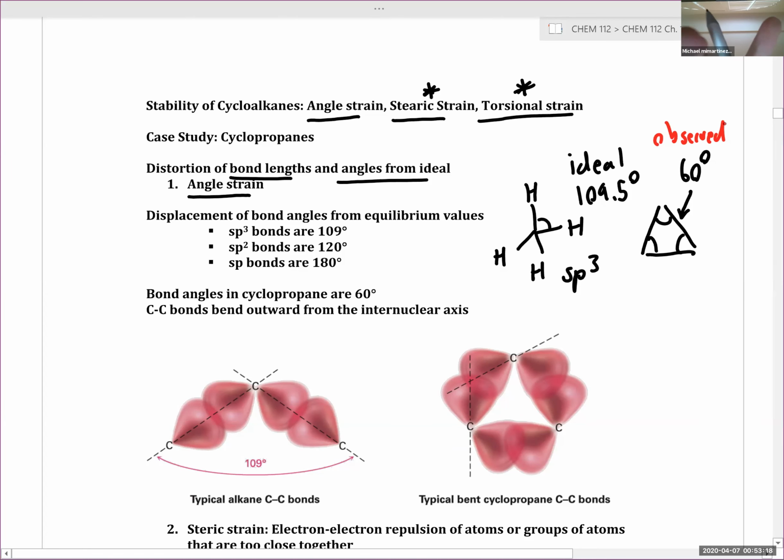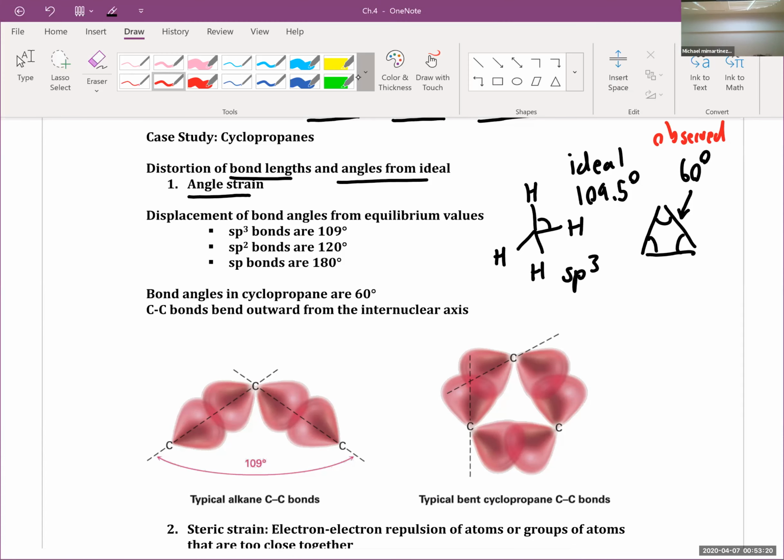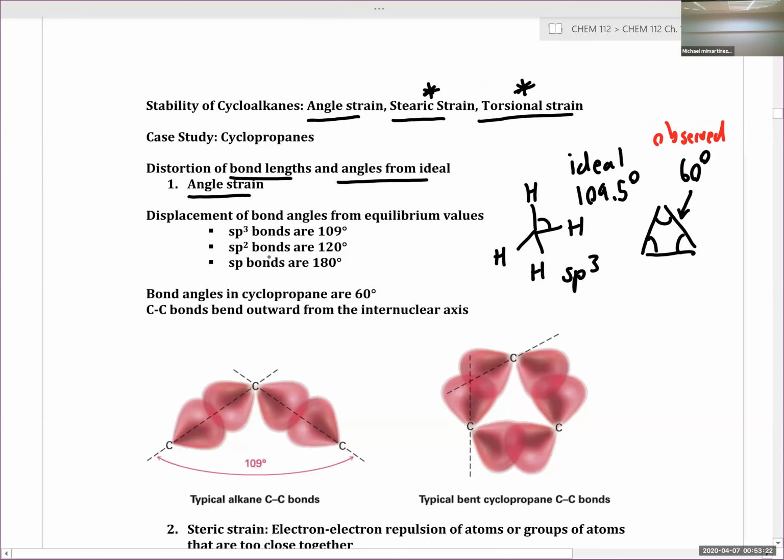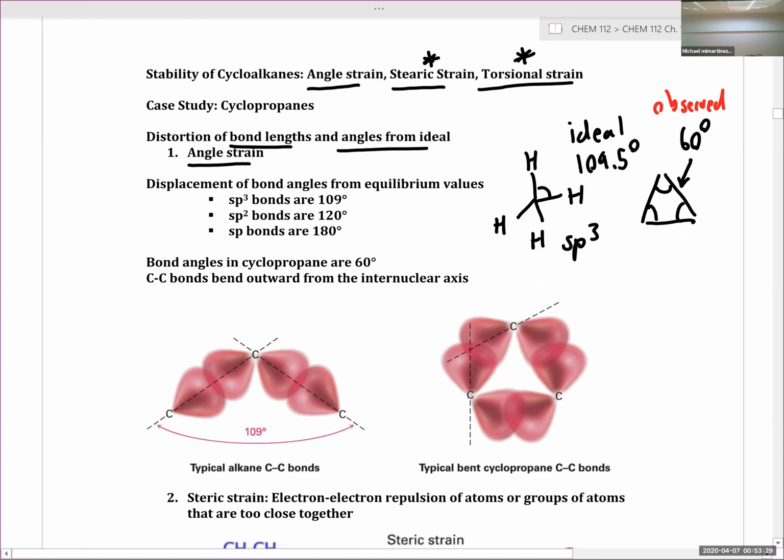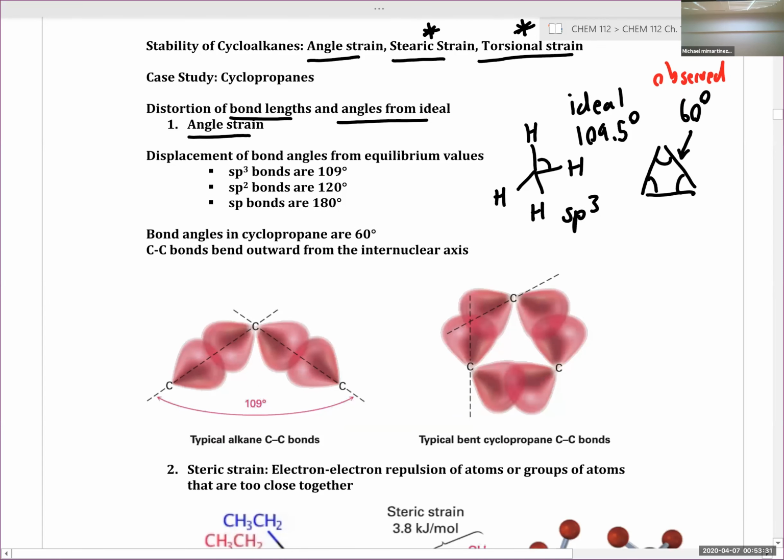Now, in order to remedy this problem for cyclopropane, our carbon-carbon bonds are going to do something that's really quite interesting.